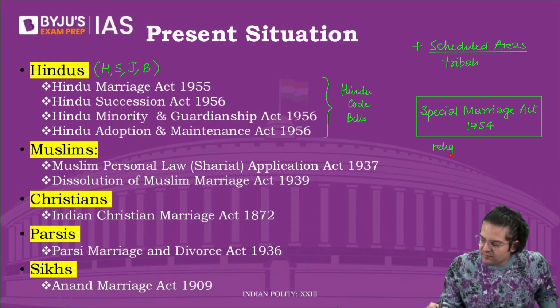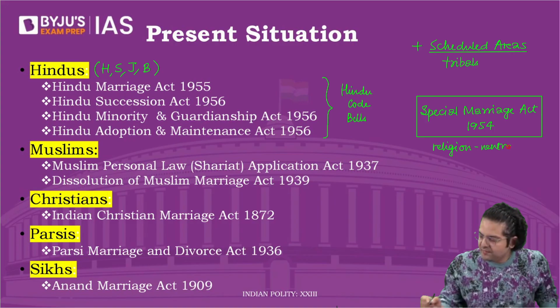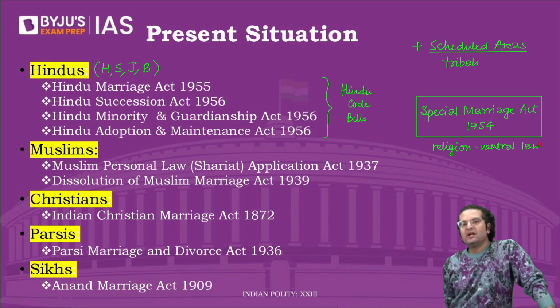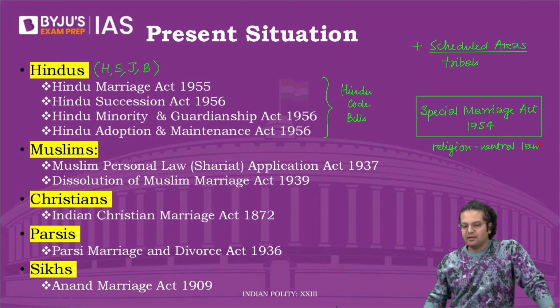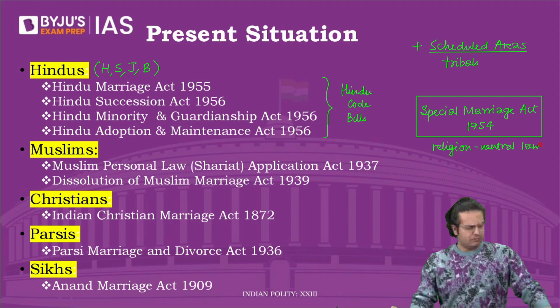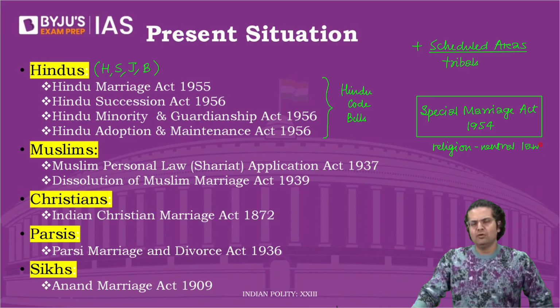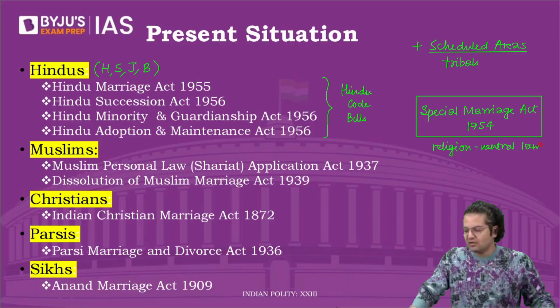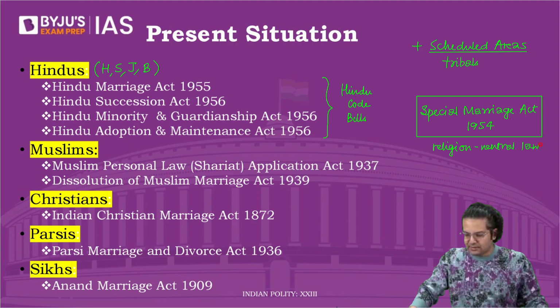Meaning, if you are, say, a Hindu and get married to a Muslim and nobody wants to convert, then you can get your marriage solemnized under this law. Now, anybody can. If you are a Hindu marrying a Hindu or a Muslim marrying a Muslim, you can still go and get your marriage registered under Special Marriage Act.